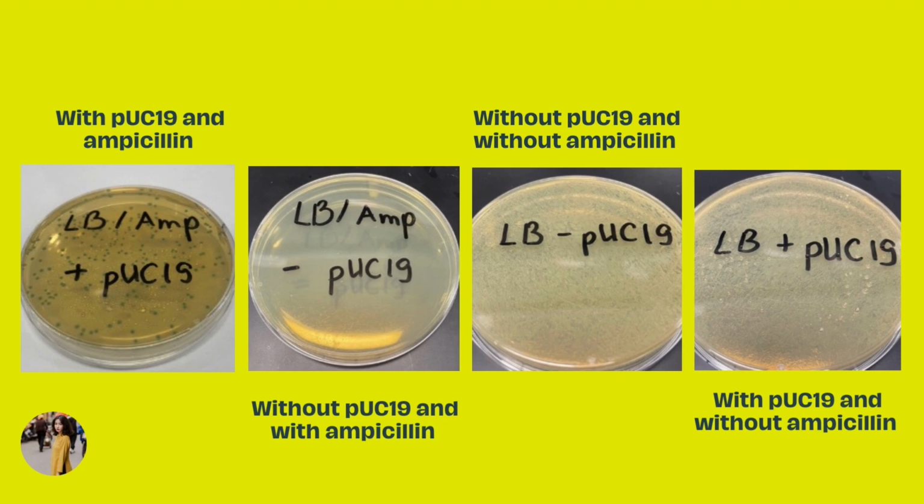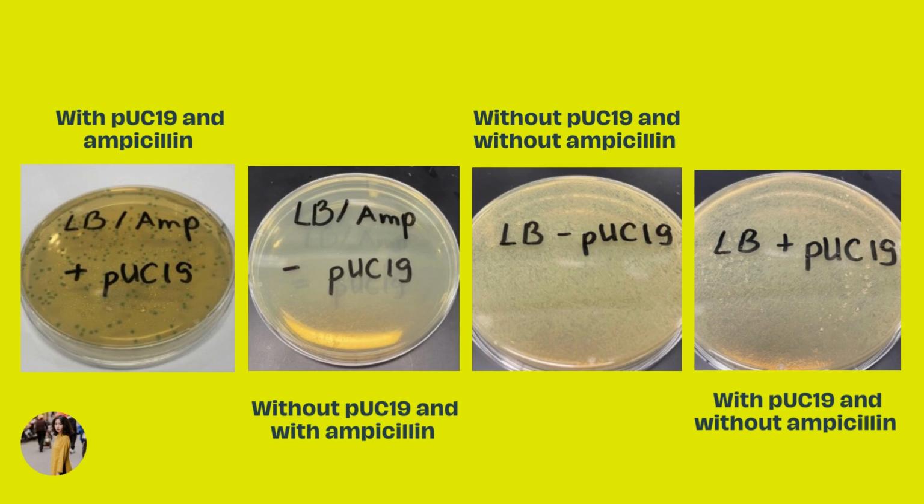So we will compare plates with and without ampicillin, of bacterial cells that contain or do not contain plasmid pUC19. For the plate with pUC19 and ampicillin, we can see that there's an insoluble blue pigment which turns the colonies blue. For the plate without pUC19 but with ampicillin, we can see no bacterial growth at all.